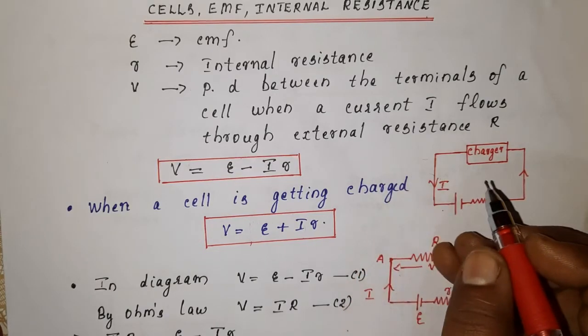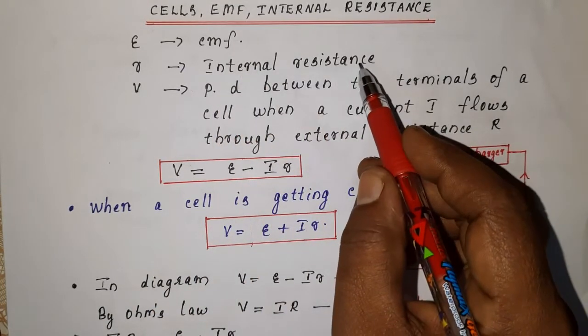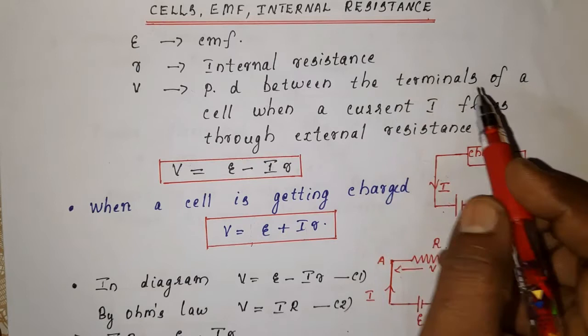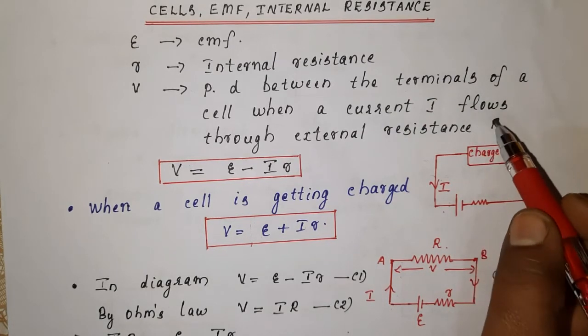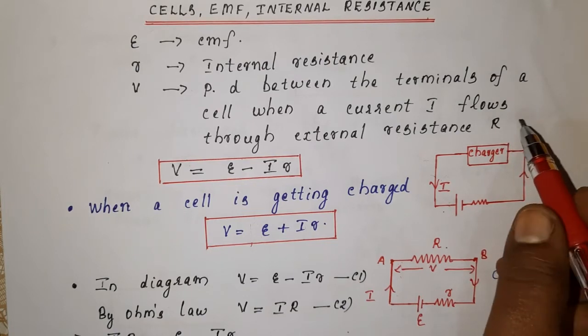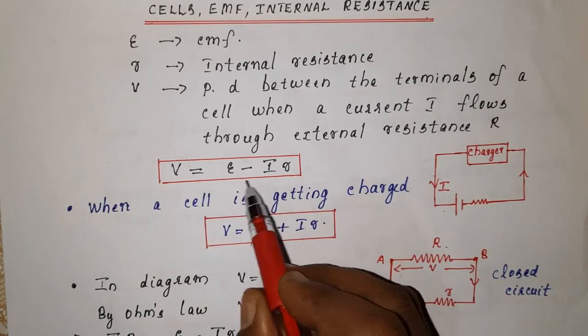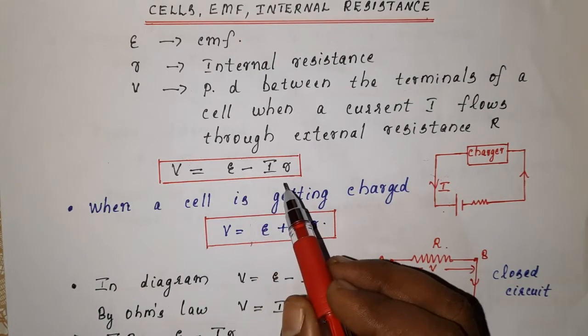For a cell of EMF epsilon and internal resistance r, the potential difference between the terminals of the cell when a current I flows through an external resistance capital R is given by V = epsilon - Ir. A very, very important equation.